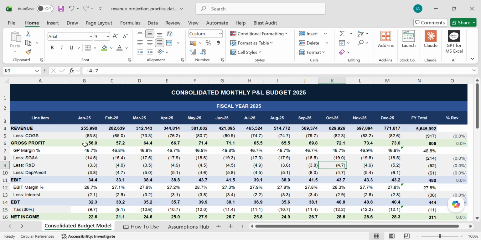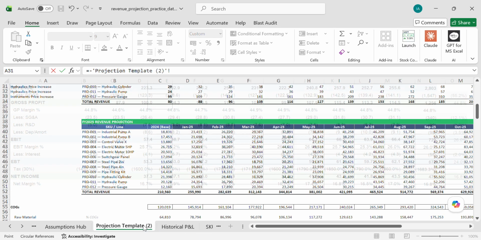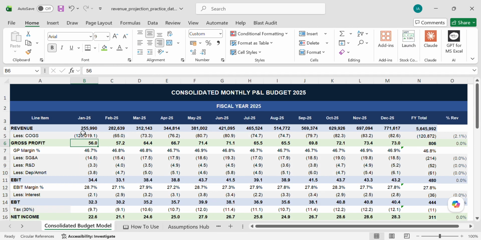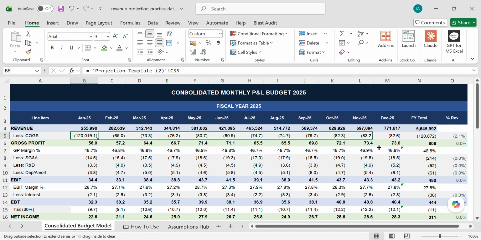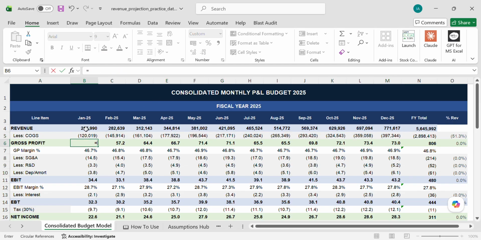Right? Then you bring your less your costs. Costs has been given. Costs is here. We have our costs here already. So I take this one. Good. So when you add this plus this, because this is negative already, it just gives you this.